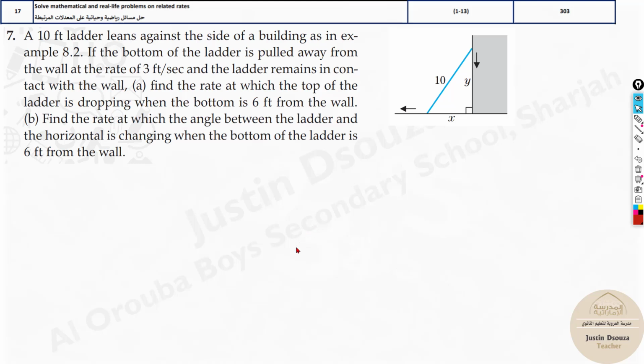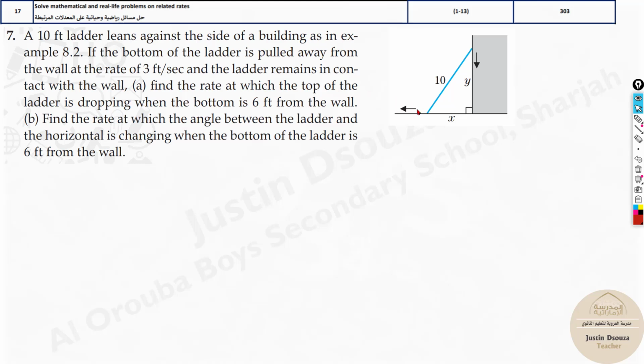I hope you remember we had done these sorts of problems in related rates. Now we will do this problem here. This particular figure is from example 2 because I mentioned it clearly. The same situation is used over here. A 10 feet ladder leans against the side of a building, as in example 8.2.